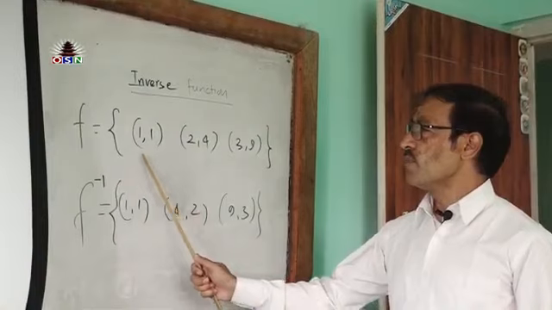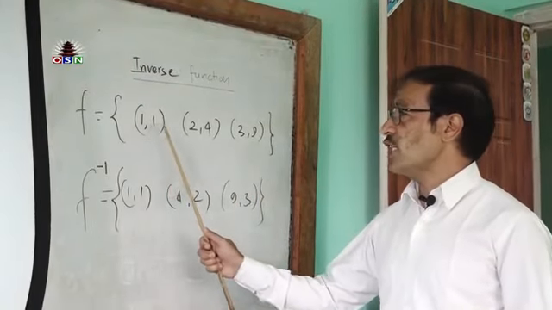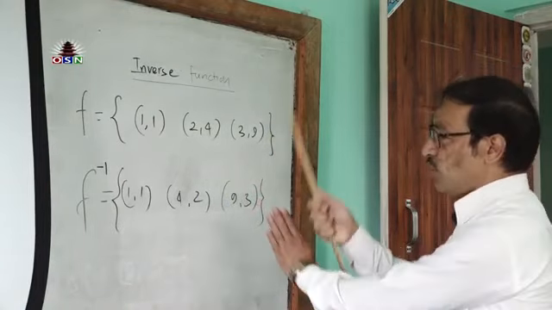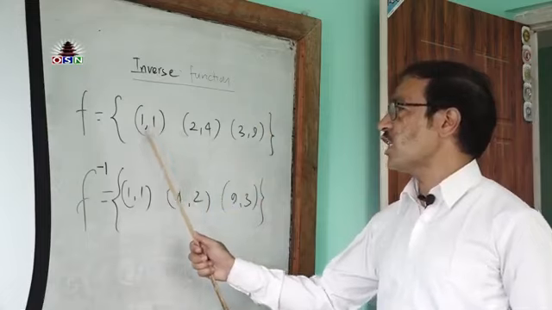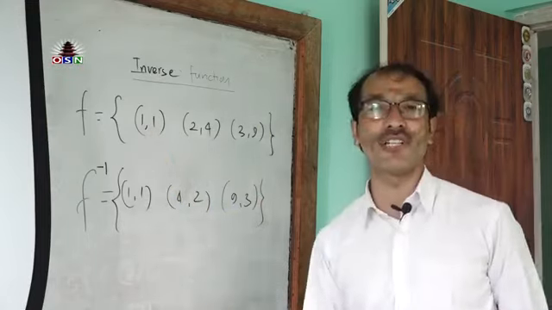Then the new function you have got is defined as the inverse function of the given function. I have made it clear in this way also. This is the given function, and 1 corresponds to 1, 2 corresponds to 4, 3 corresponds to 9. Just exchange the correspondence, then you will get a new relation, a new function. This is called the inverse function.